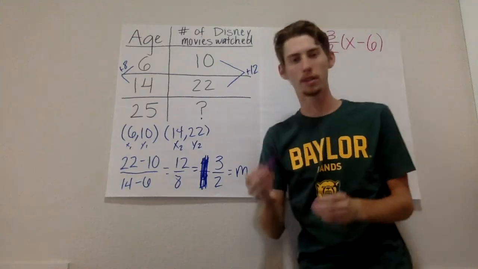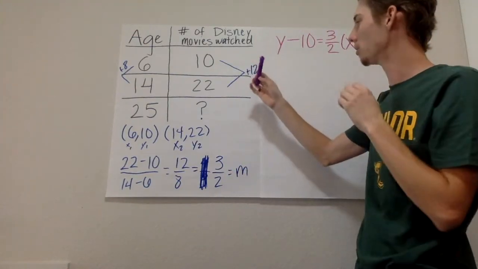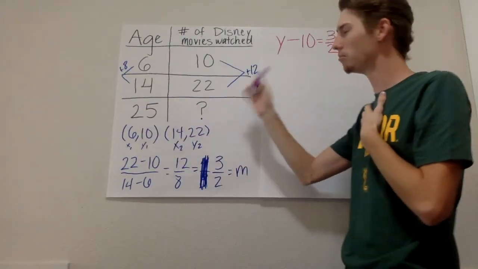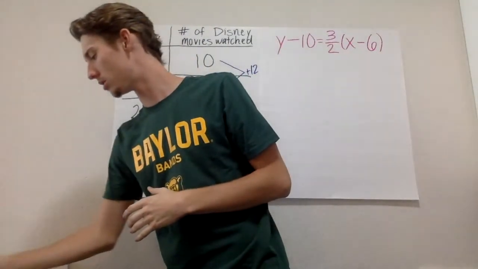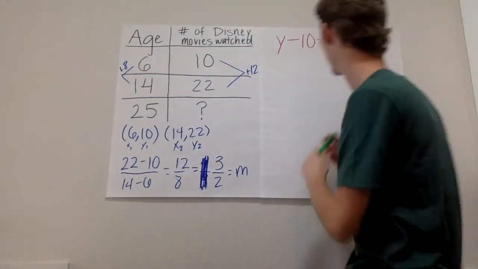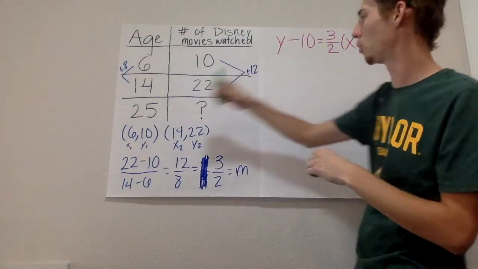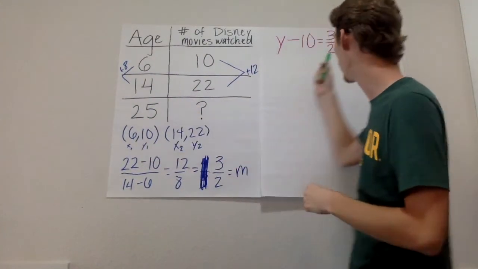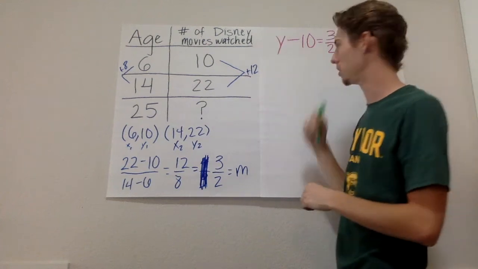Now we have an equation we can work with to figure out how many Disney movies I might watch by the time I'm 25. So let's get a different color and plug 25 into this equation and figure out what our y value is going to be.